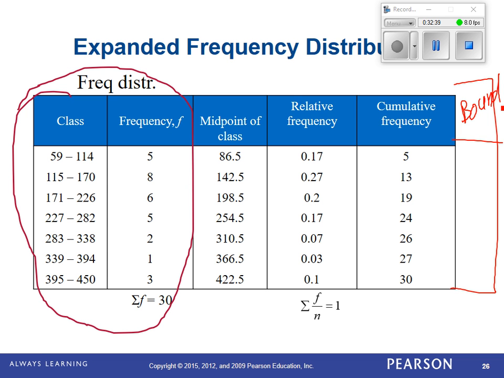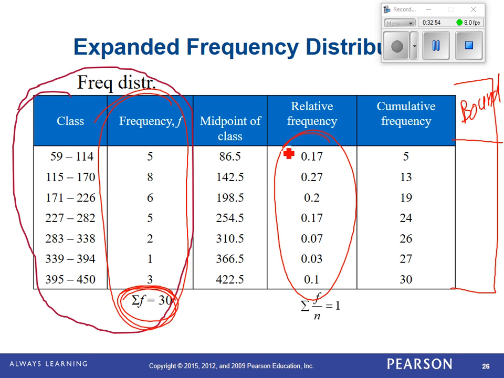Notice here, make sure that they add up to 30, or however many pieces of data you have. This one, if we add all these up, those are percentages. What should all those percentages add up to? 1, or 100 if it was a percent, right?